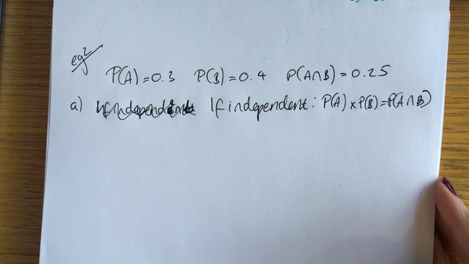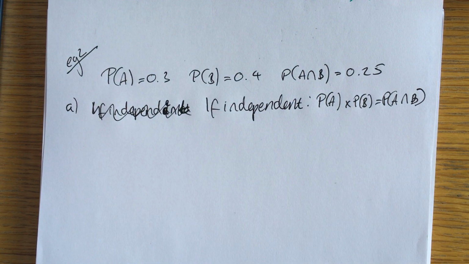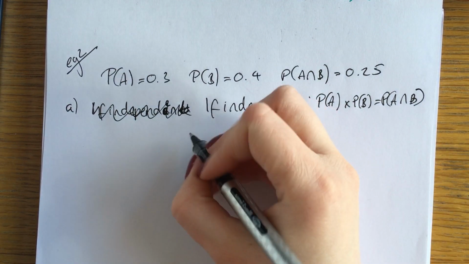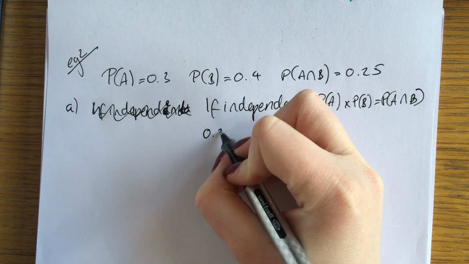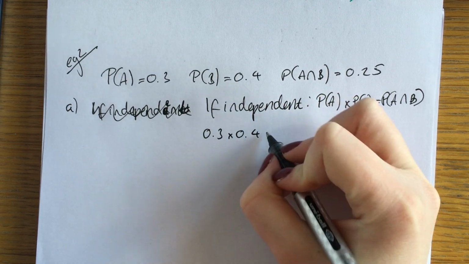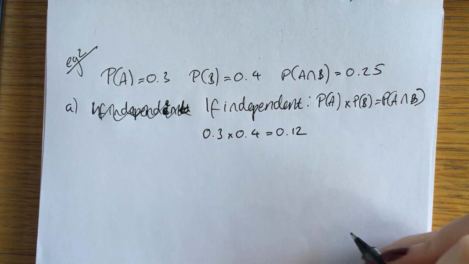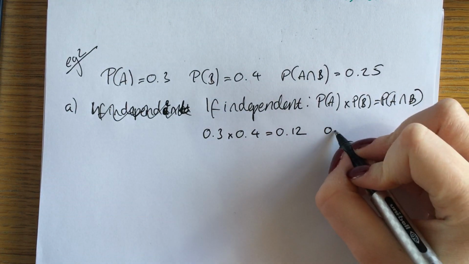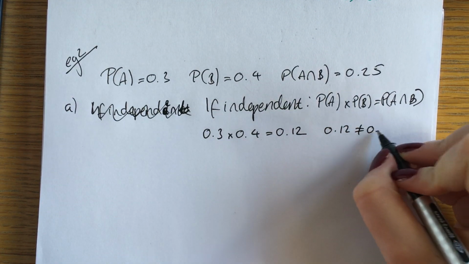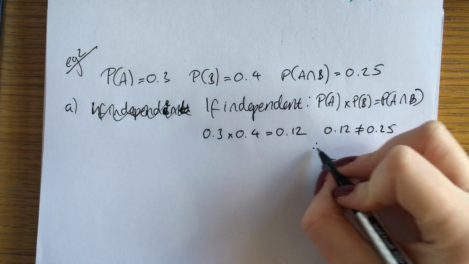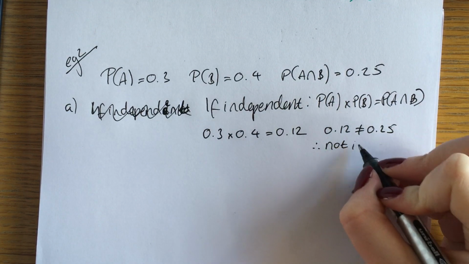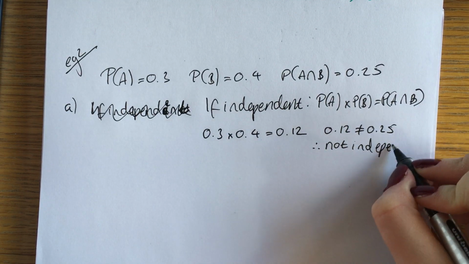If we think about probability tree diagrams, events on different branches are independent, and we multiply them to find the probability of them both happening. So 0.3 times 0.4 is equal to 0.12. 0.12 is not the same as 0.25. Therefore, they are not independent.